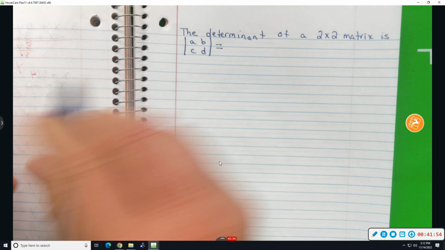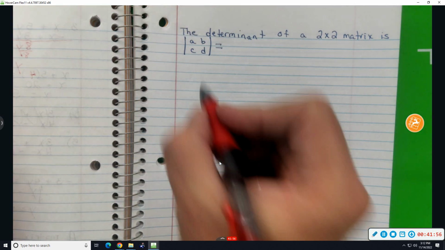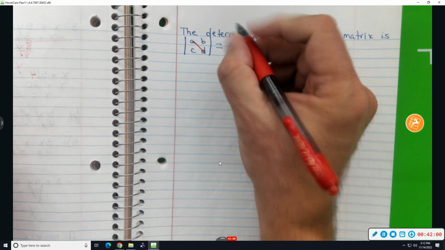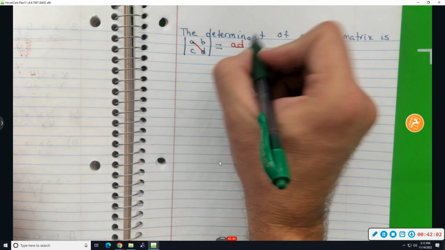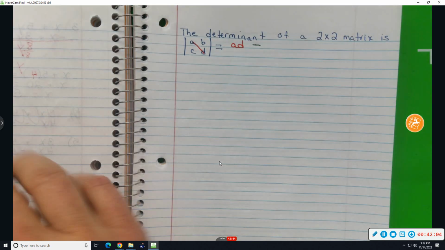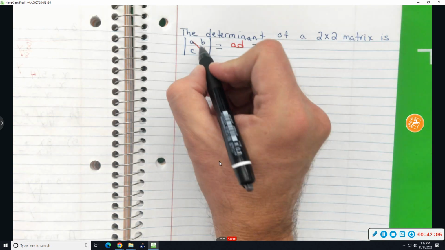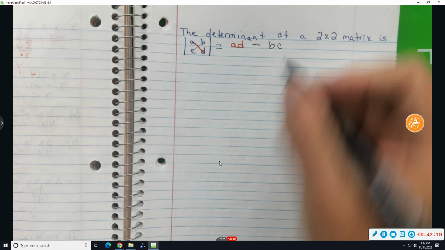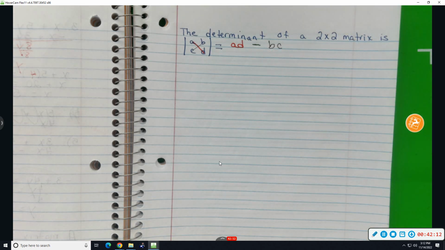Here's the formula for how to find a determinant. It's A times D minus B times C. The important thing here isn't memorizing AD minus BC. It's just to note, okay, this is called crisscross that you're doing here.